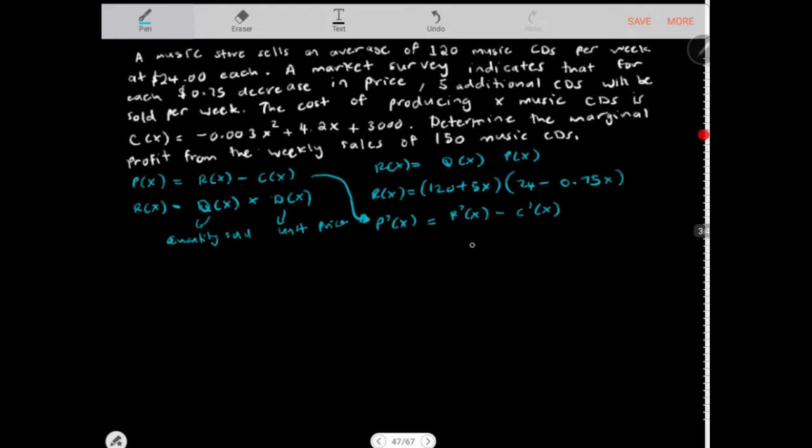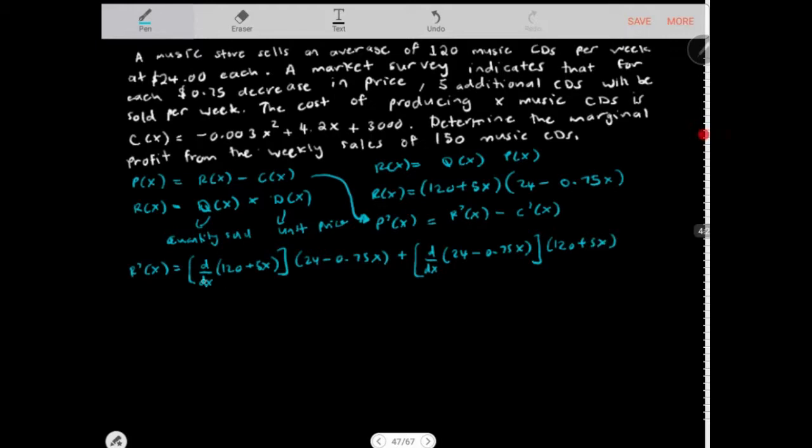So let's find the individual derivatives of each function, starting with the marginal revenue function. I'm just going to use the product rule really quickly, because you're multiplying two different functions. I'm going to do the derivative of the right-hand factor, 5x, wait, the derivative of the left-hand factor, 120 plus 5x, times 24 minus 0.75x, plus the derivative of 24 minus 0.75x times 120 plus 5x.